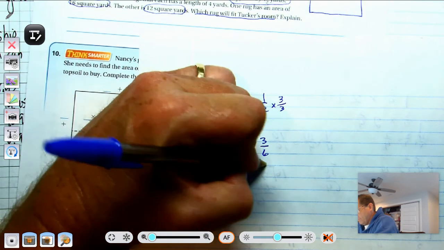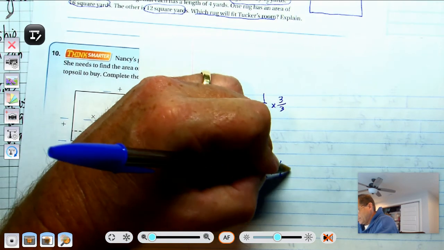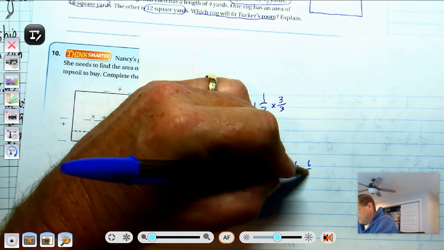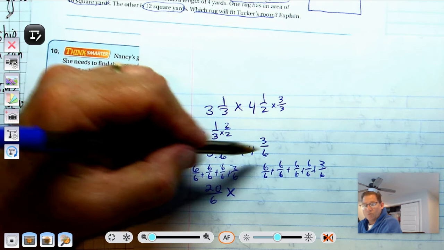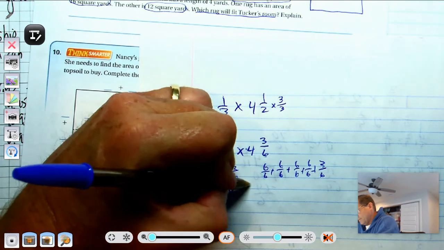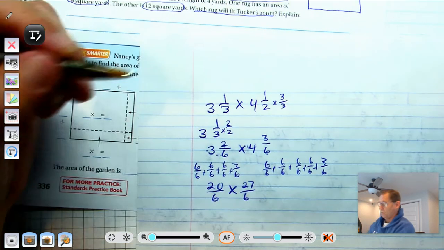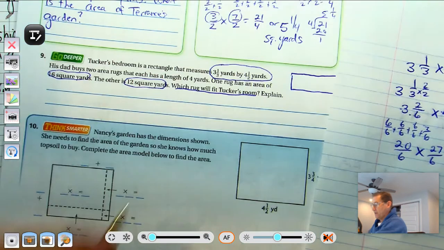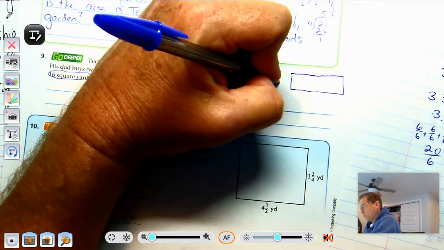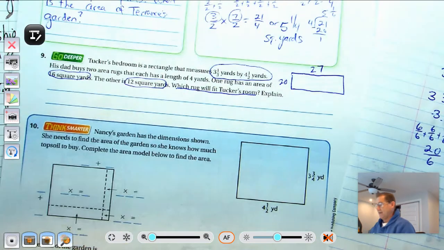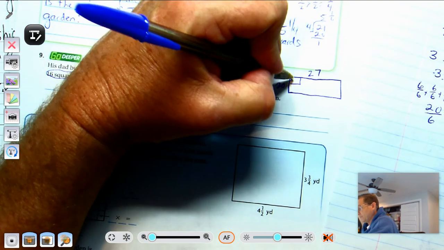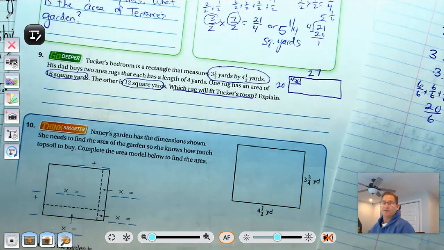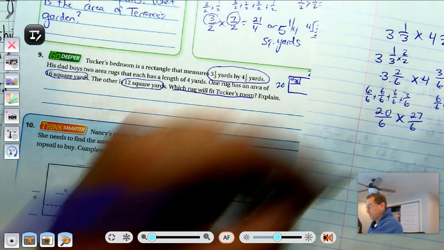4 would mean I'd have one extra set of 6/6 plus the 3/6. So 4 times 6 is 24, plus 3 more is 27. All right, so we have a 20 by 27, and each square is 1/36 of a square yard.